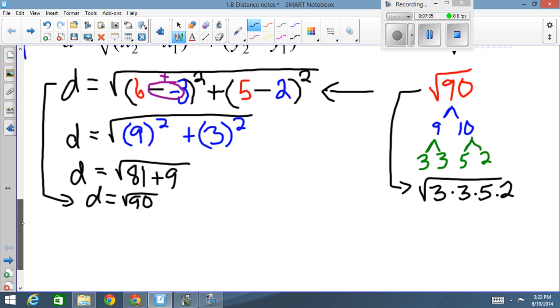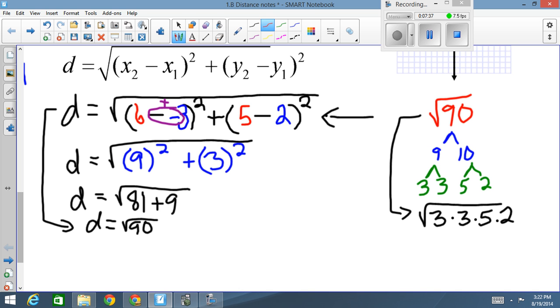Now the simplifying part of this goes like this. Because this is an understood square root, you need 2 of the same number. I pair these up right here because I need 2 of the same. 1 breaks out, 1 gets knocked off in the attempt to break out.